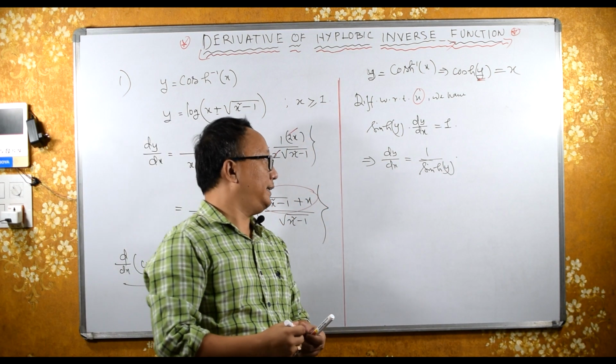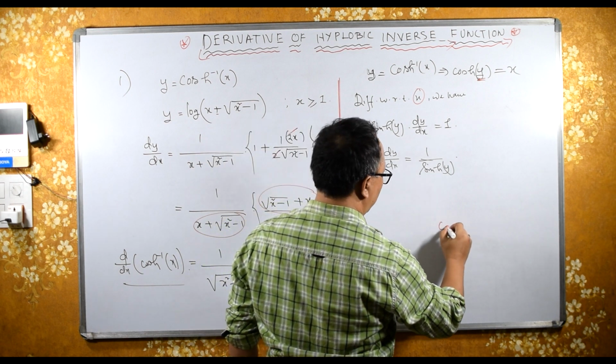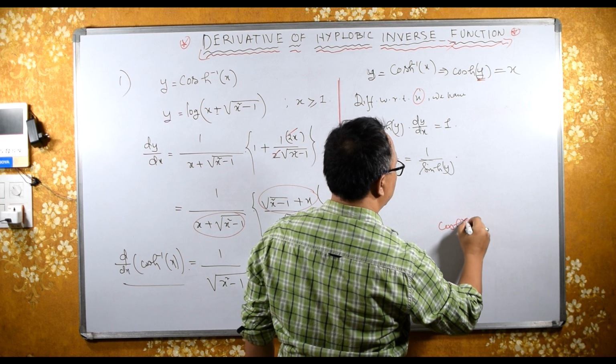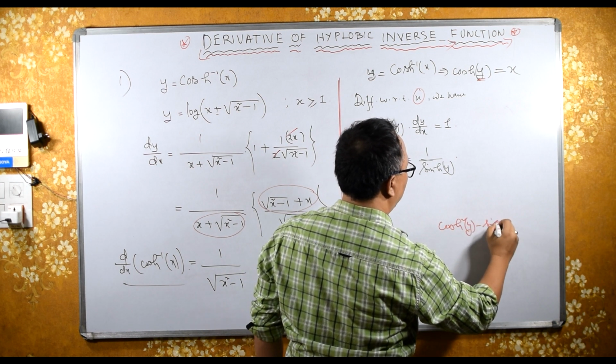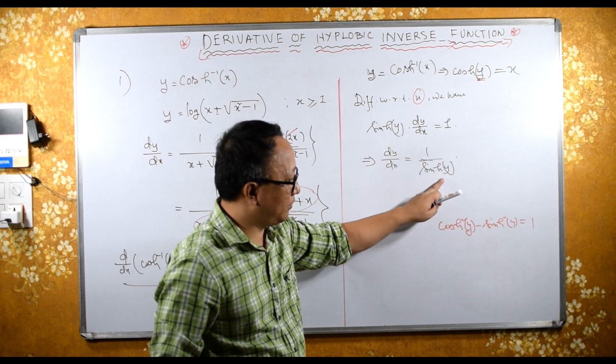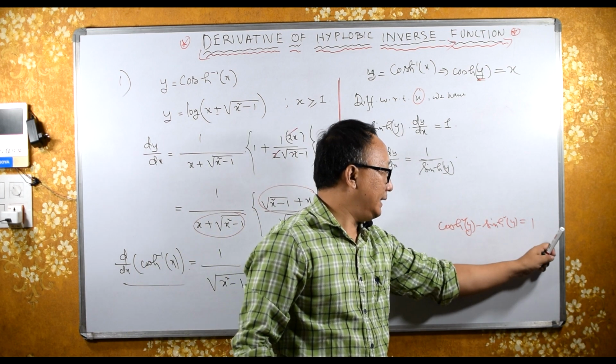Now we have the identity cosh square y minus sinh square y equals 1. We need sinh y, so I will send it to that side.